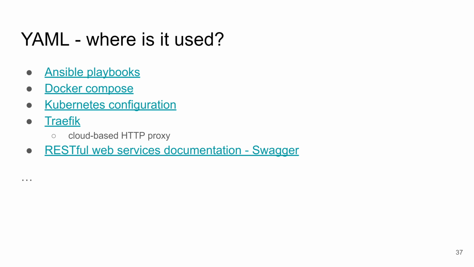Kubernetes configuration is stored in YAML, or maybe when you document RESTful web services using the OpenAPI specification, then you are basically creating a Swagger document, which allows people to see which methods your web service has and what it expects as arguments and so on. So this documentation of RESTful web services is also written in YAML. So YAML has its use cases.